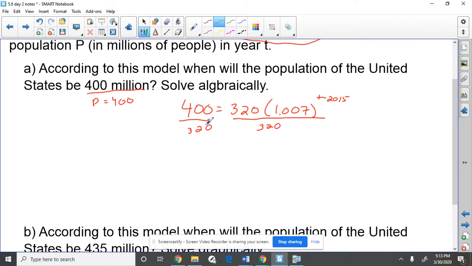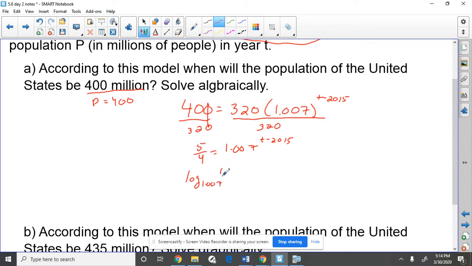And if we want, we can simplify that a little. It's 40 over 32, which ends up being 5/4. And my exponent is t minus 2015. So now I'm going to change this to log form. The base of the exponent is 1.007, so that's going to be my base of my logarithm.